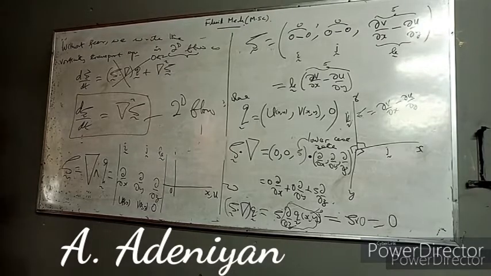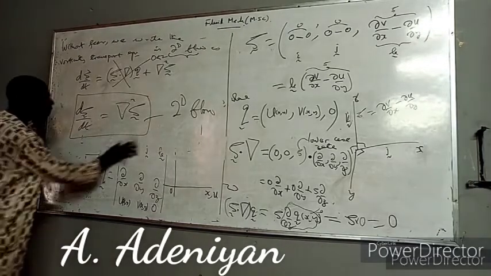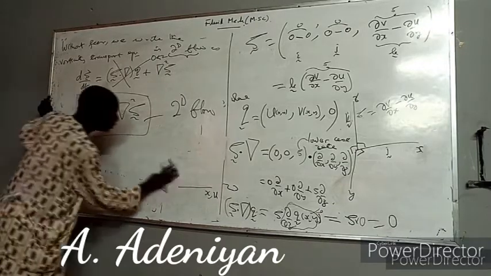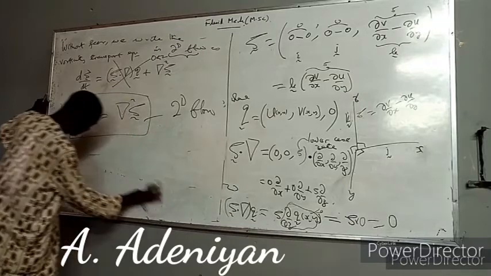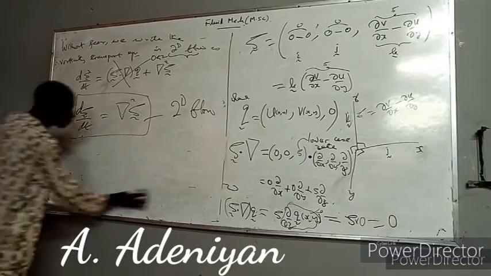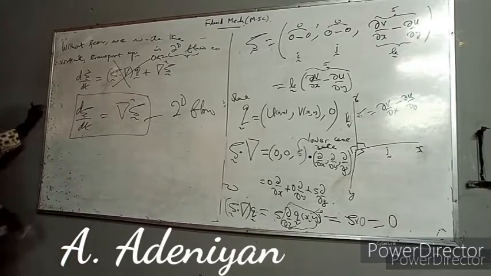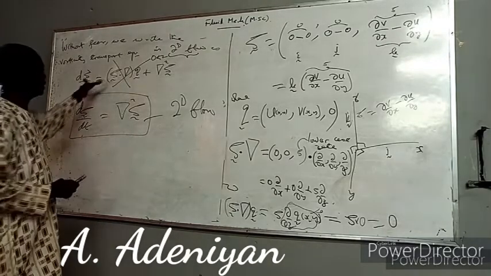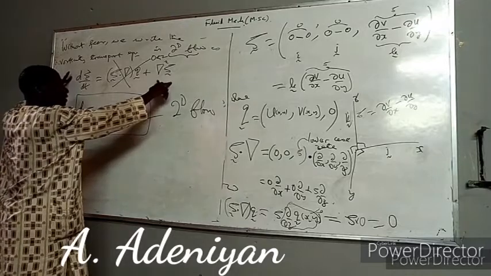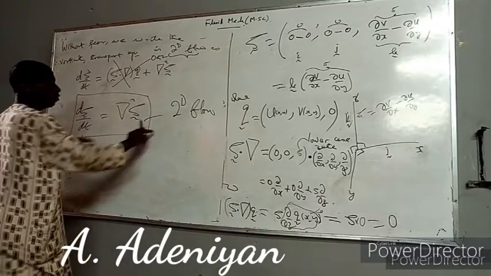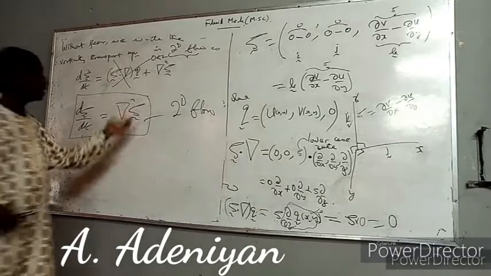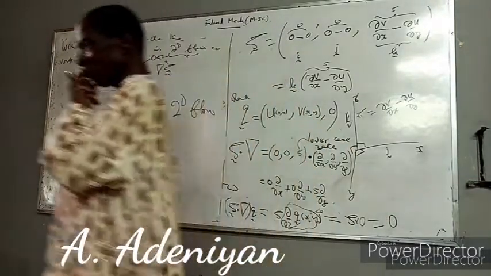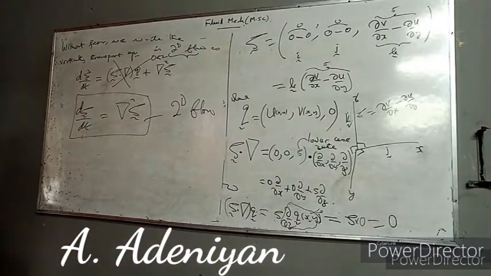That reminds me, there's a question you may be asked at any time: to prove this. It's better you go through this, it's very easy. You should show, starting from this result, that this is 0 for 2D flow. Just state what you have stated there and then get the result. Very elementary.